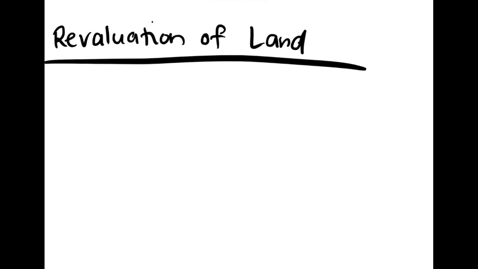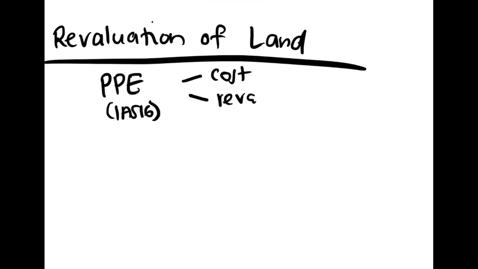Now, the first thing to understand is that land, of course, is a PPE asset, and the accounting standard that deals with that is IAS 16. And in terms of IAS 16, we have the option to have our asset either at cost or the revaluation model.